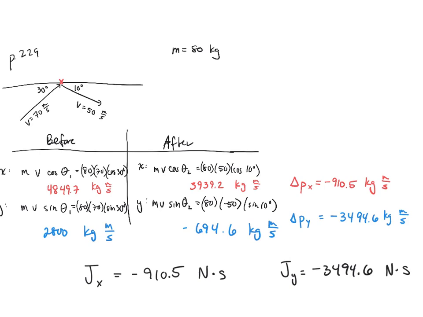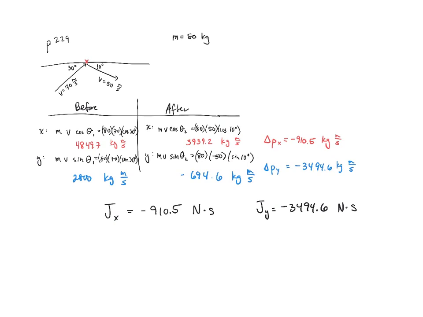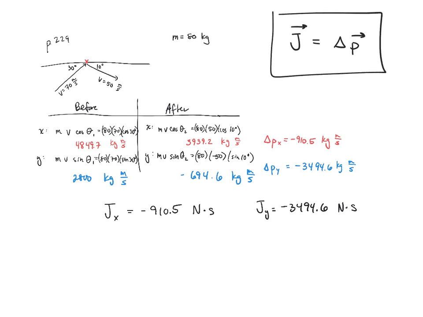And if the driver feels these two impulses, and they're vector quantities, remember J is a vector, just like v is a vector, which is why in your formula sheet you saw this. Right? That's what your formula sheet tells you. Impulse is change in momentum. Impulse is a vector quantity. So we have to recognize that the impulse felt here is felt in the x and the y direction.